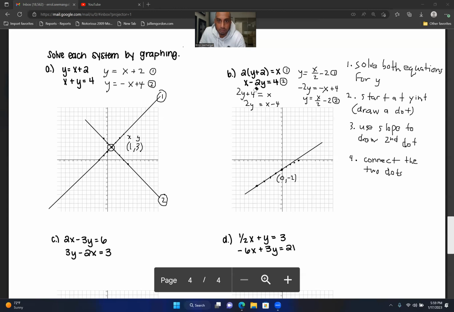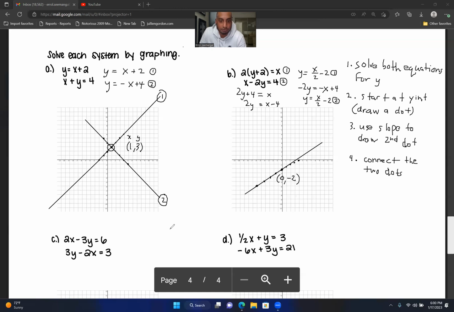What's 0 minus 2 times negative 2? It's 4. Does 4 equal 4? Yes. Therefore, they satisfy both. So 0, negative 2 is a solution, but any dot on that line would be a solution.